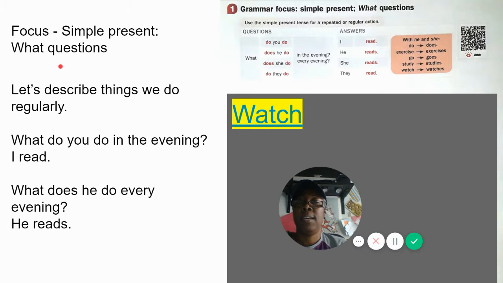We use the simple present tense for a repeated or regular action, something that we normally do. Maybe it's every day or every week or every hour, or it's a repeated action. So let's describe things we do regularly.